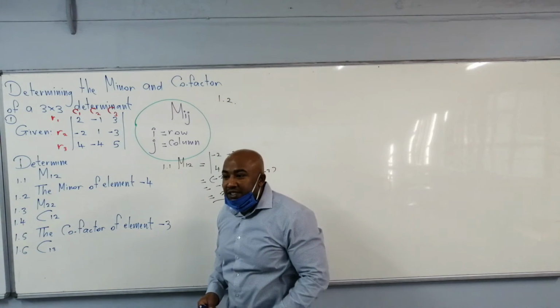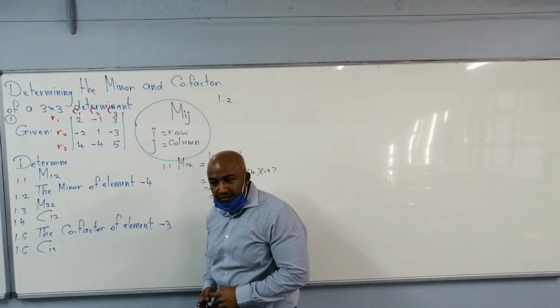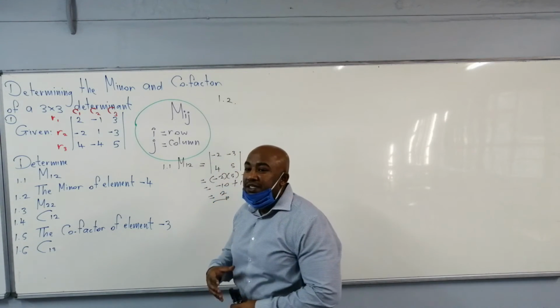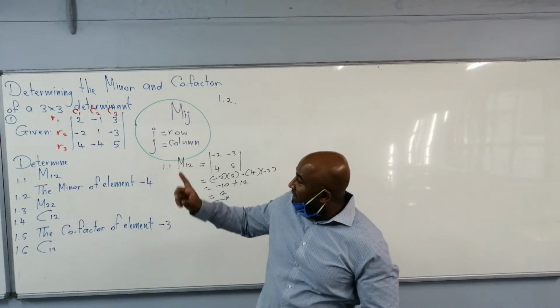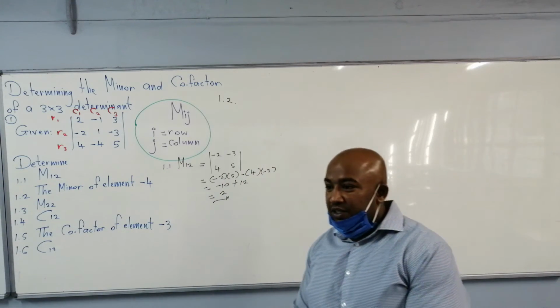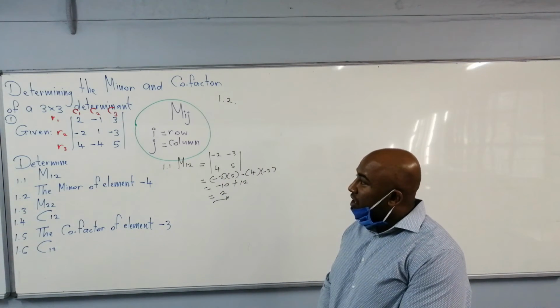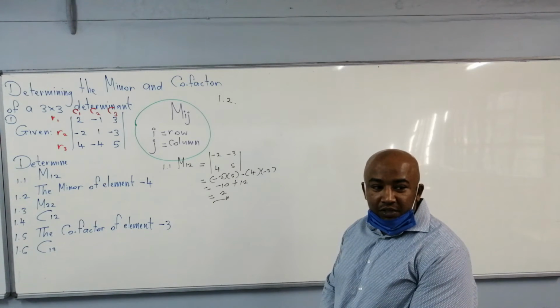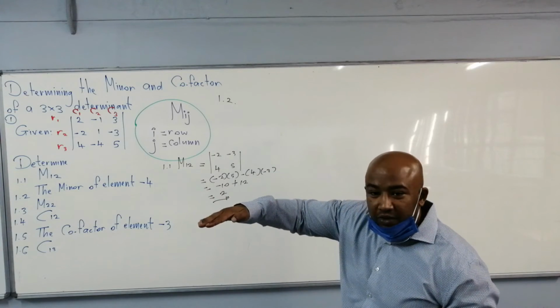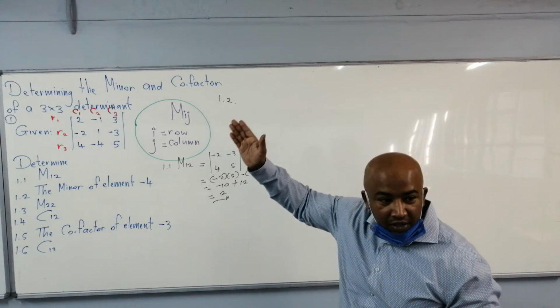The minor of element -4. Now, it's the same type of question but asked in a different way. Can you see -4 there? Which row and which column is that? Row 3, column 2. So it simply means block row 3 and block column 2.